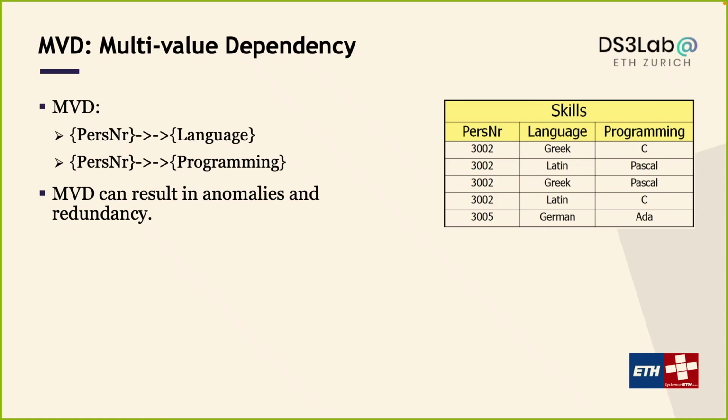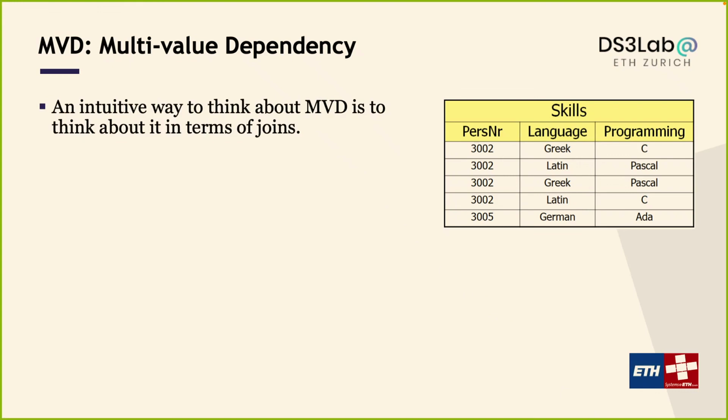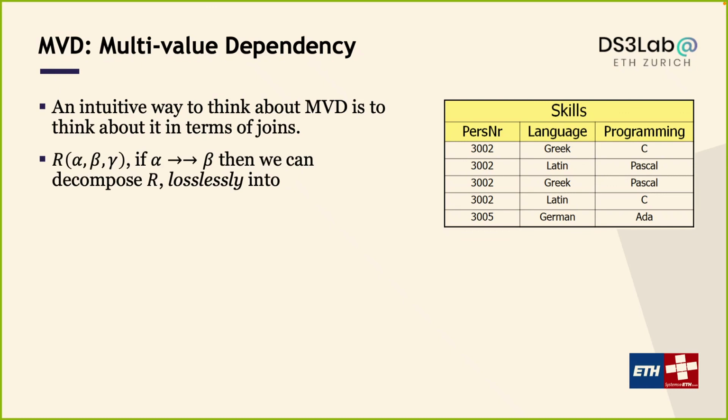And as we can see, it also causes redundancy. The intuitive way to think about multivalued dependency is that if you have this multivalued dependency from alpha to beta, then you can losslessly decompose this relation R. You can have one relation with alpha and beta, another with alpha and gamma, and you are able to join them together to make sure it's still lossless. So intuitively, this is what we are trying to model.